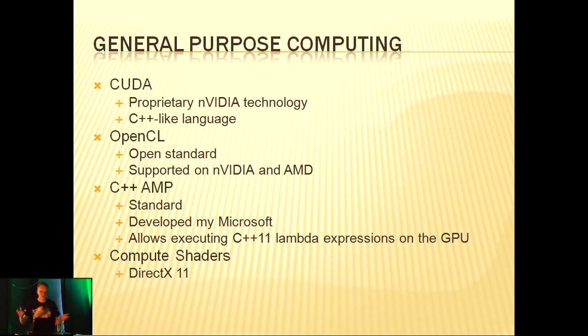But hey, the .NET framework is a standard as well. It basically allows the execution of C++11 lambda expressions on the GPU. So what the compiler does is convert these lambda expressions into code that can be executed on the GPU, and it then uses a backend that does this compilation and execution.